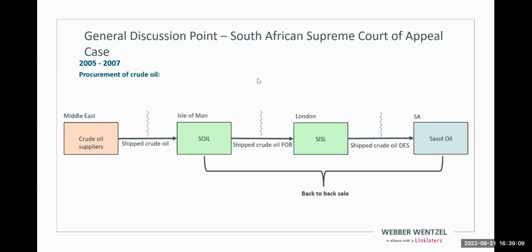The substance of that sale was not necessarily reflective of what the ultimate intention of the parties was. Because I think ultimately the Isle of Man entity, the SOIL entity, did take some legal risk, and it was entitled to some legal reward as a result, but the SISL entity was not.